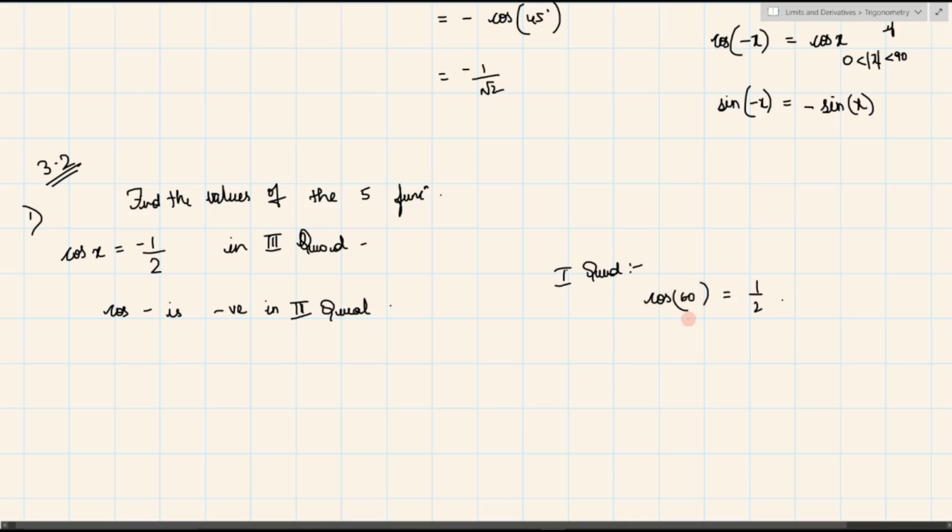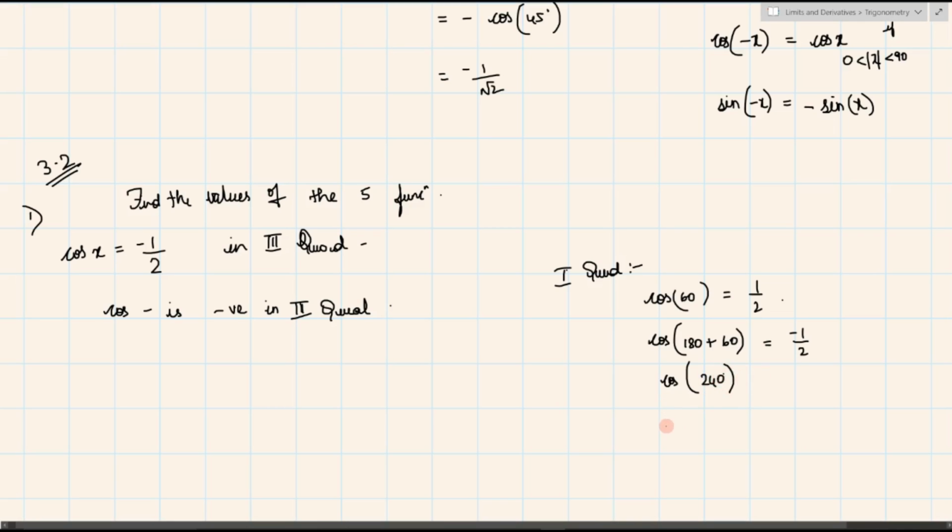If we want to see that in the third quadrant, we'll have cos of 180 plus 60 equal to minus 1 by 2, because cos is negative in the third quadrant. If we add 180 degree, there will be no change in the function, cos will remain as it is, right? So this is nothing but cos of 180 plus 60, which is 240 degree.